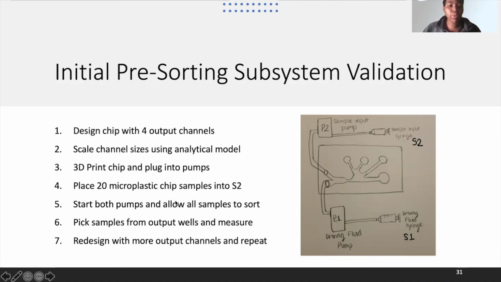So we're going to be putting 20 microplastics into the whole system, hoping to get 5 microplastics in each channel correctly. Once this is completed, we will repeat the experiment to ensure that we are able to get results for even smaller sizes, even different variable sizes with more output channels.